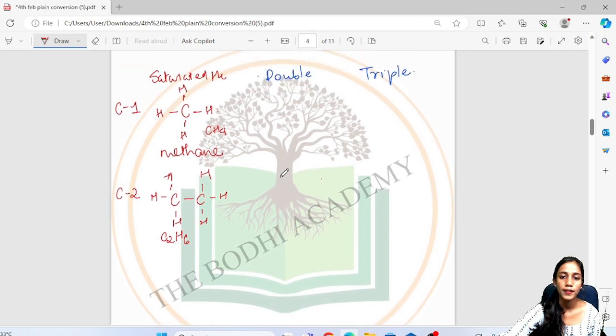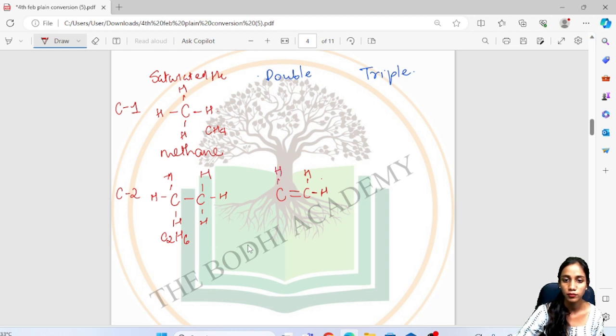Now let's see how it will form the double bond here. Here I will draw a double bond between two carbons, 1, 2. Now the formula will change for this, right? Because there is a double bond here, the satisfaction of valencies will be different. Now each carbon already has two bonds, so you need to add two more hydrogens: 1, 2, 3 and 4.